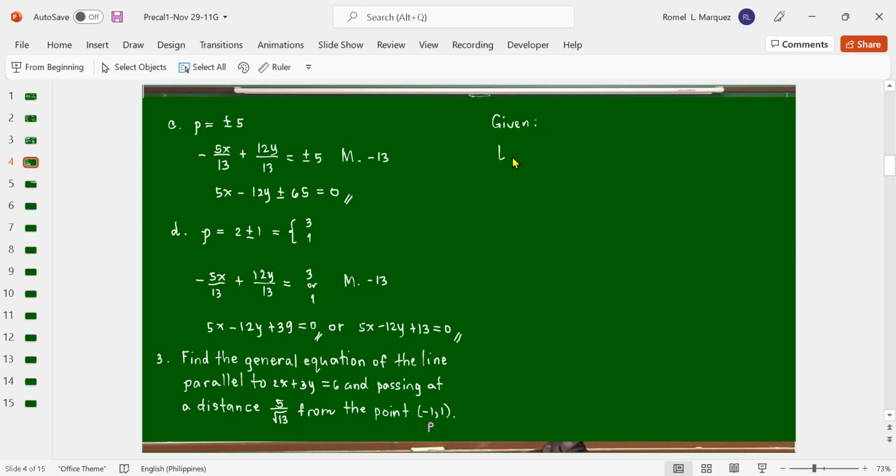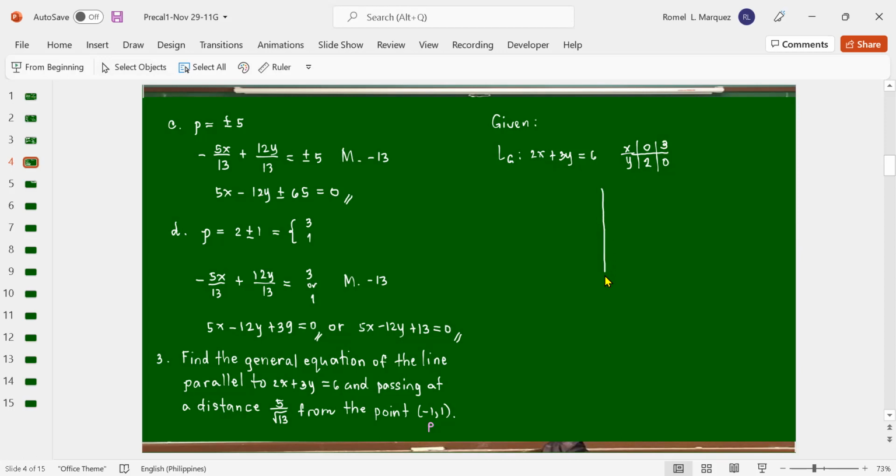For the line given, 2x plus 3y equals 6, using the tabular method to graph this line, when x is 0, what is y? 2. When y is 0, what is x? 3, no?